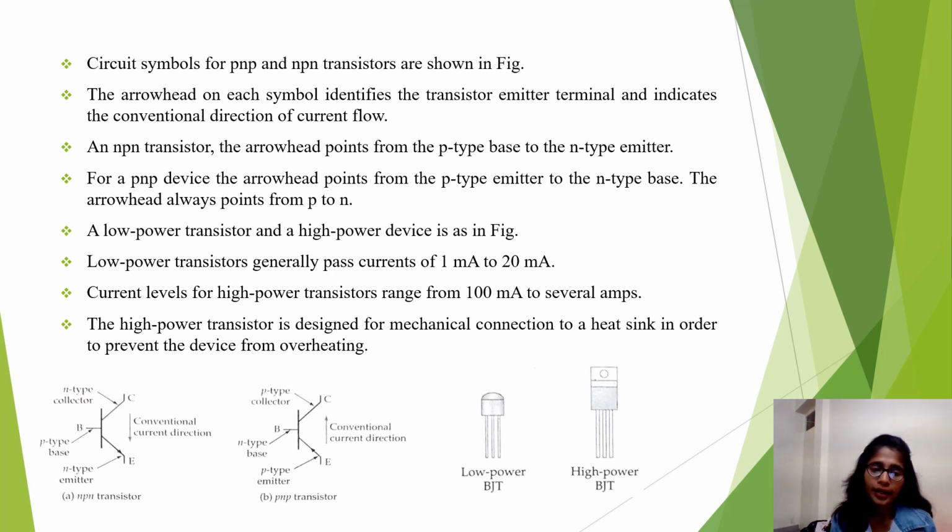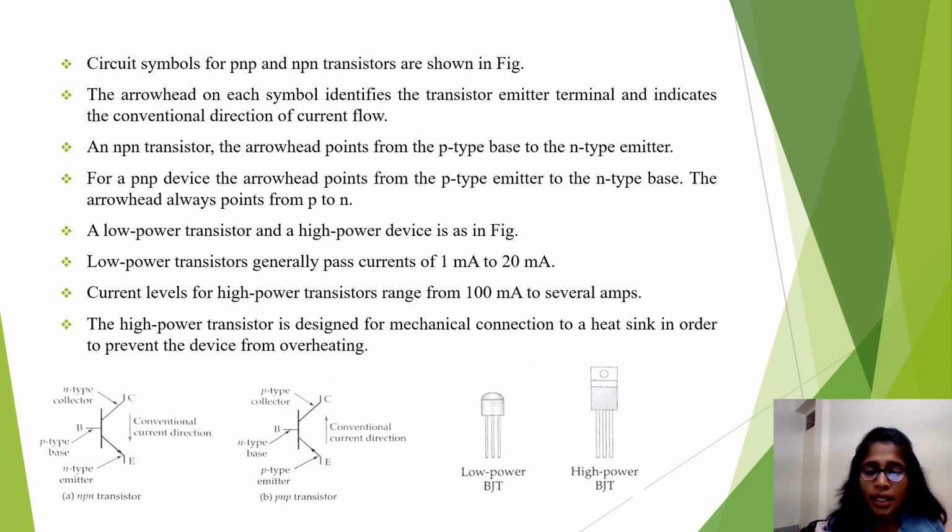The arrowhead on each symbol identifies the transistor emitter terminal and indicates the conventional direction of current flow. In an NPN transistor, the arrowhead points from the p-type base to the n-type emitter. For a PNP device, the arrowhead points from the p-type emitter to the n-type base. The arrowhead always points from p to n.